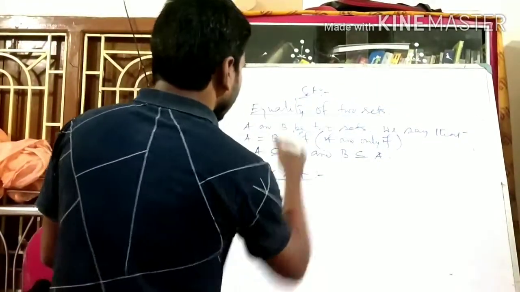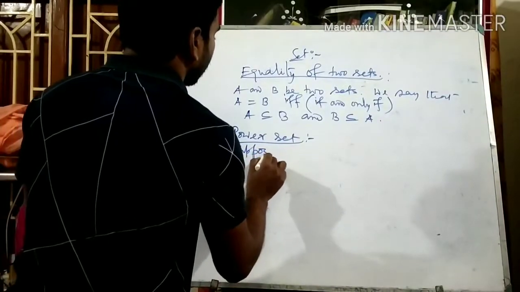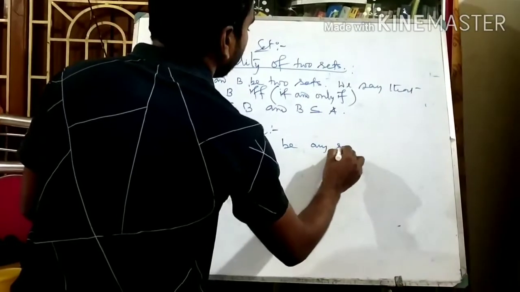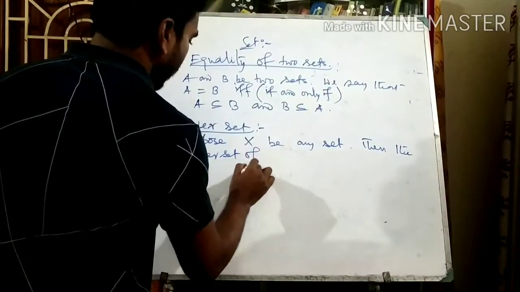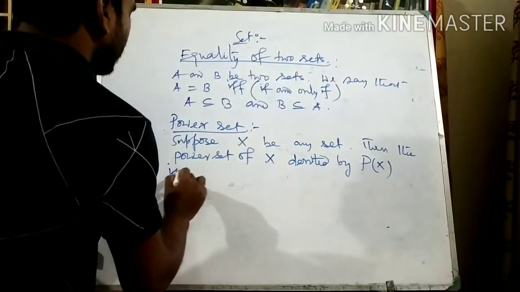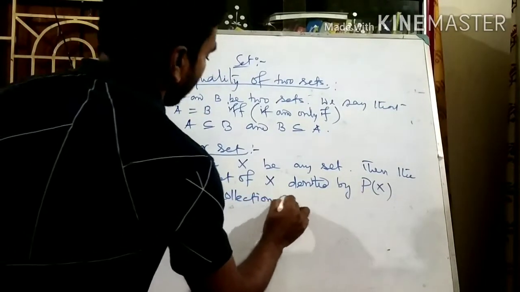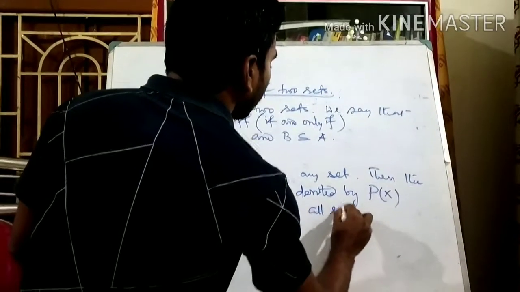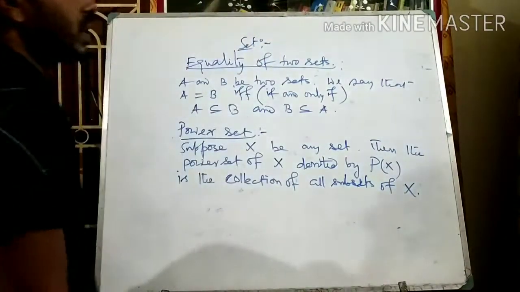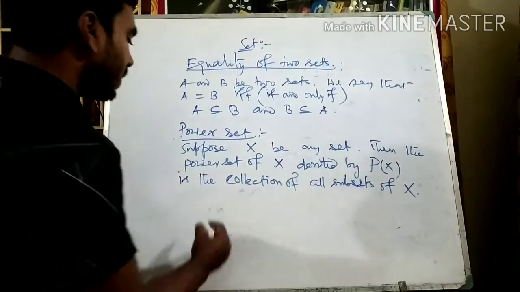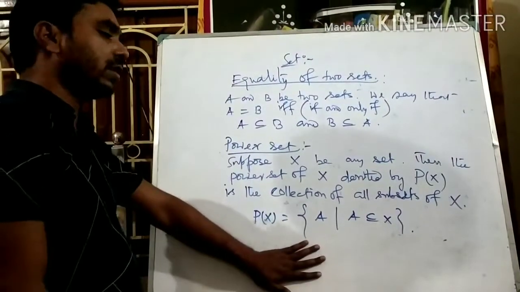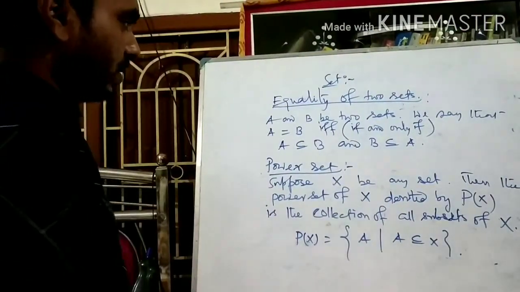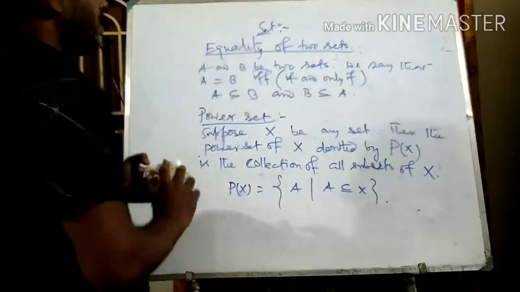Suppose X is any set, then the power set of X, denoted by P(X), is the collection of all subsets of X. The collection of all subsets of X is called the power set of X. That means P(X) is equal to the set of A such that A is a subset of X. This is the symbolic notation of the power set of a set X. Now let us try to understand this by taking some examples.